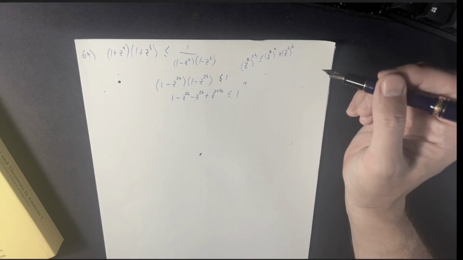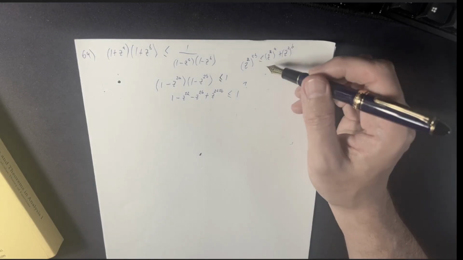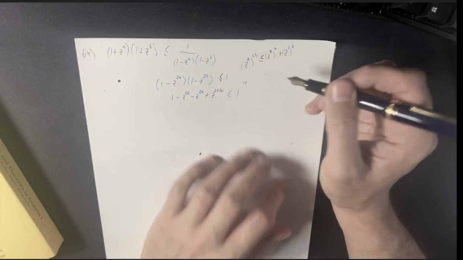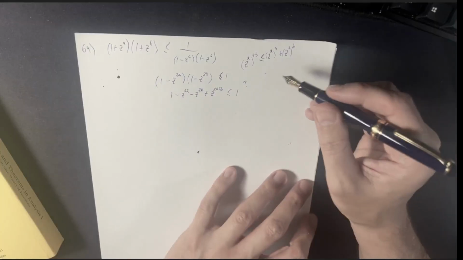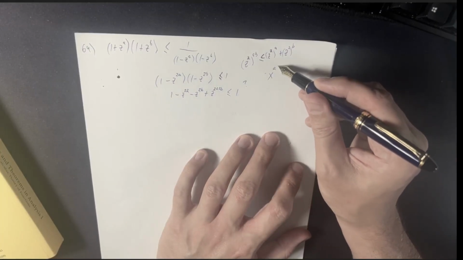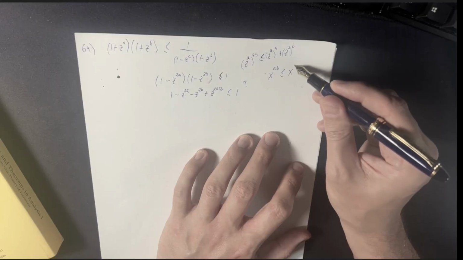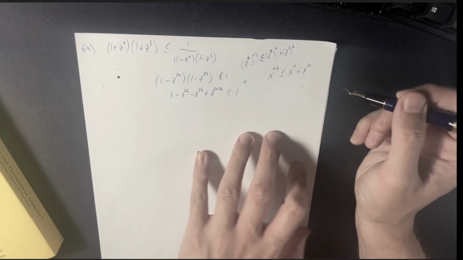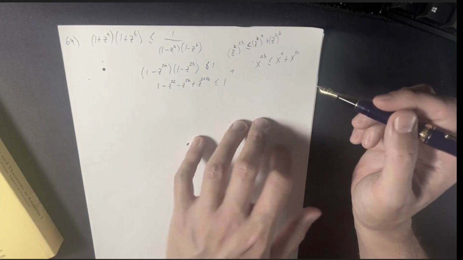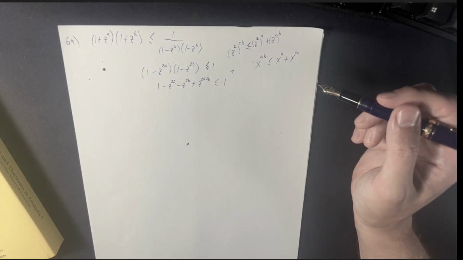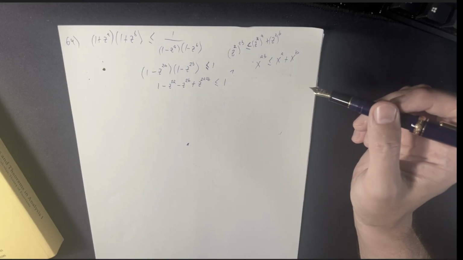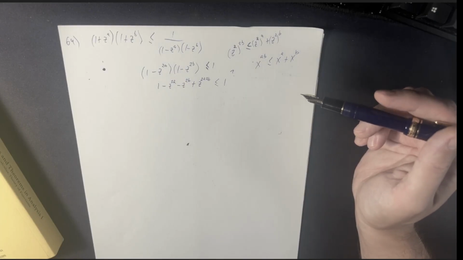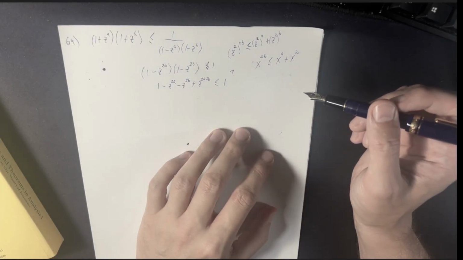That feels obvious, but I'm a little... x to the ab always less than x to the a plus x to the b. Is this an obvious geometric? Is this just like the triangle inequality and I can't think straight right now?